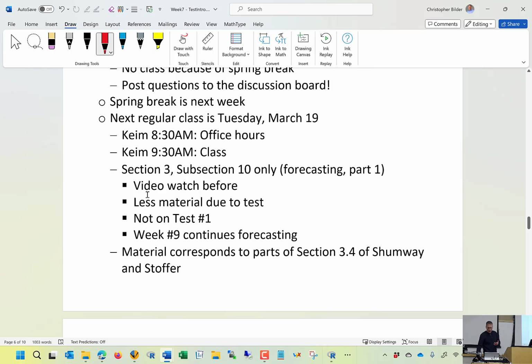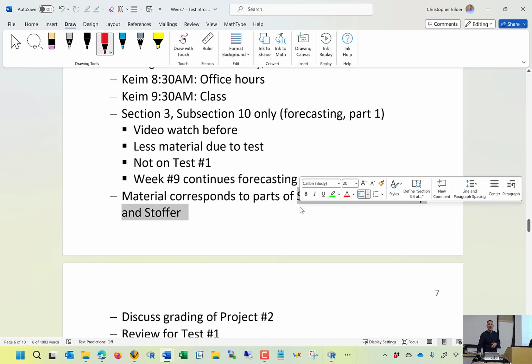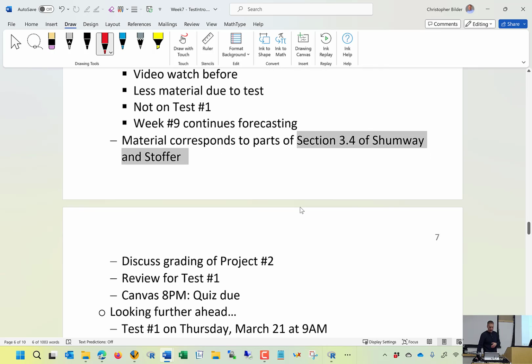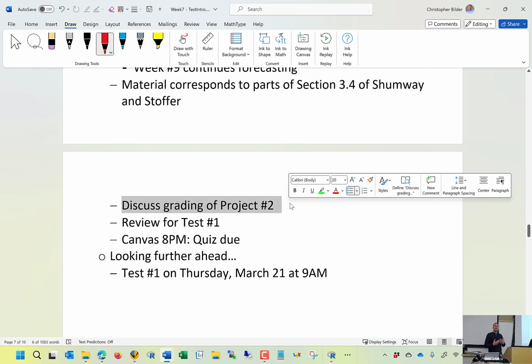For those of you who are reading the book too at the same time, this corresponds to section 3.4 of Shumway and Stoffer. We will also discuss the grading of project number 2. We will review for the tests, and of course there will still be that quiz that's due on that Tuesday. And of course then our test is Thursday, March 21st.